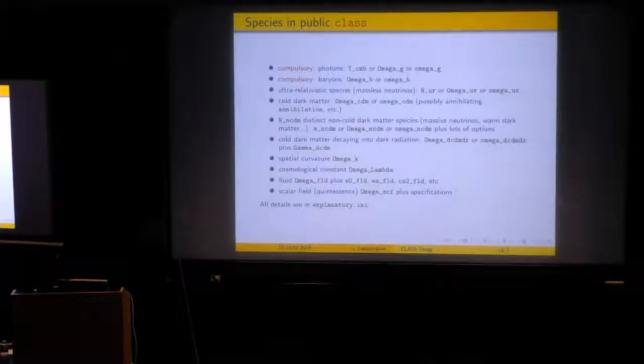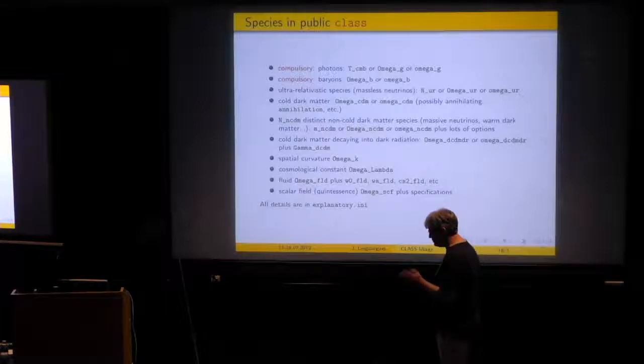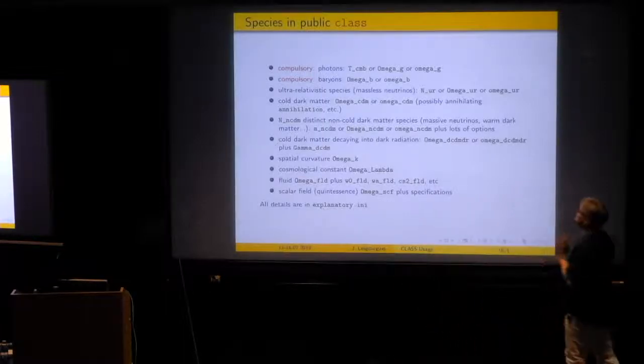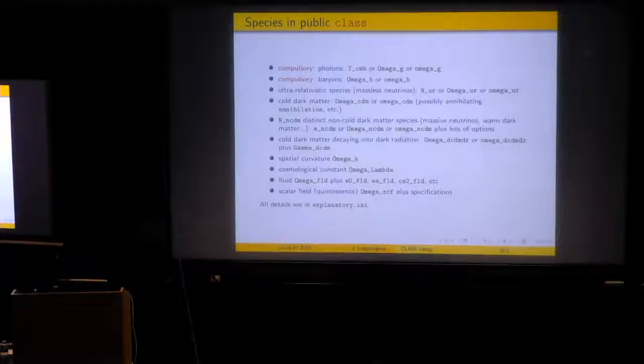There are two that you cannot spare. A Boltzmann code makes no sense without baryons and photons, because the primary goal of a Boltzmann code is to compute the effect of Thomson scattering on the perturbations. So you are not allowed to set up the photon or the baryon density to 0. They are the only species like that.